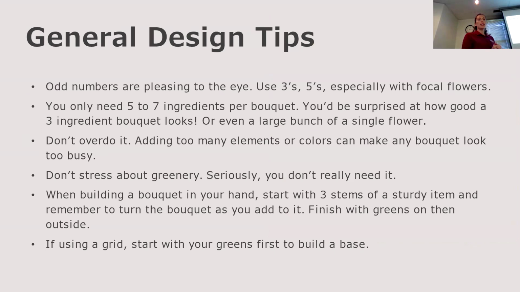So general design tips. Odd numbers are pleasing to the eye. So we usually work in 3s, 5s, sometimes I do 7 or 1 showstopper. And you only really need 5 to 7 ingredients per bouquet. If that, you would be really surprised at how pretty a 3 ingredient bouquet can be.